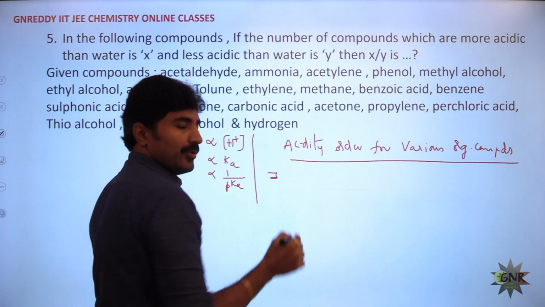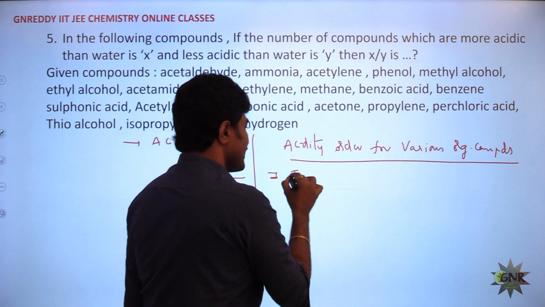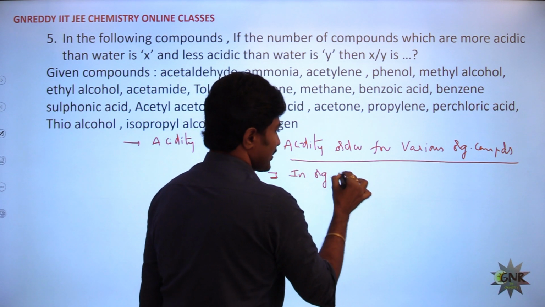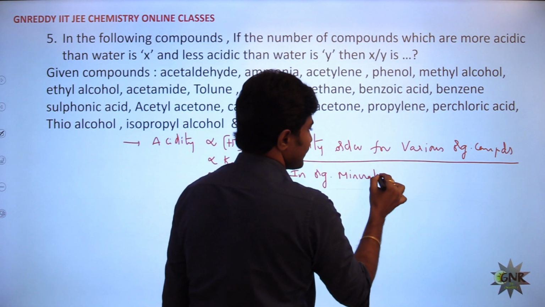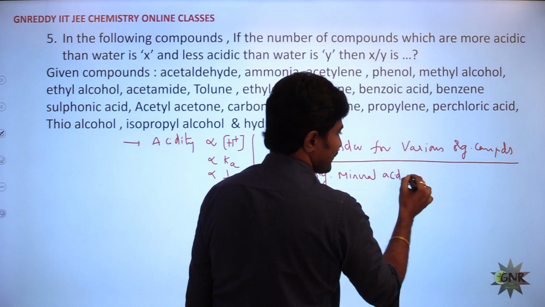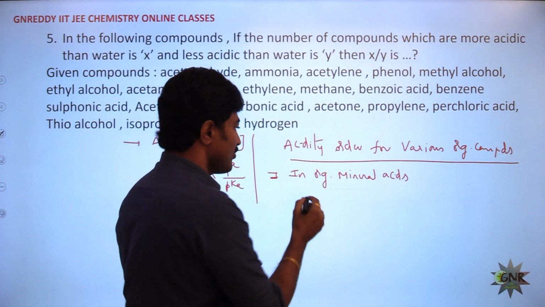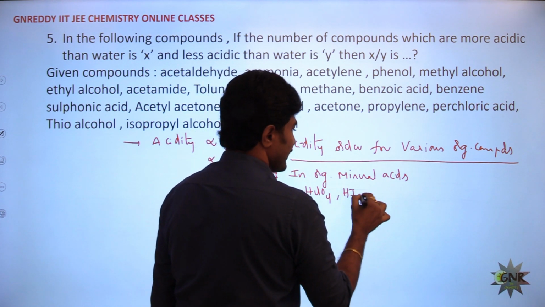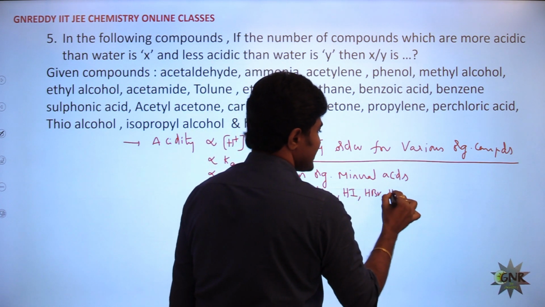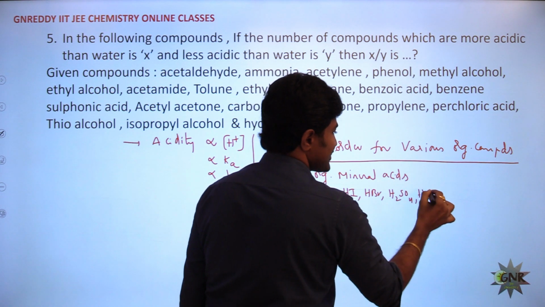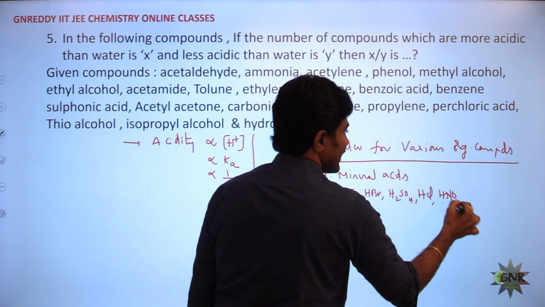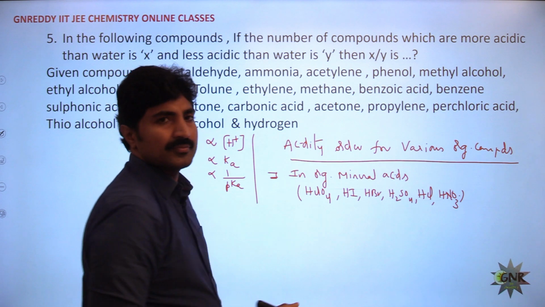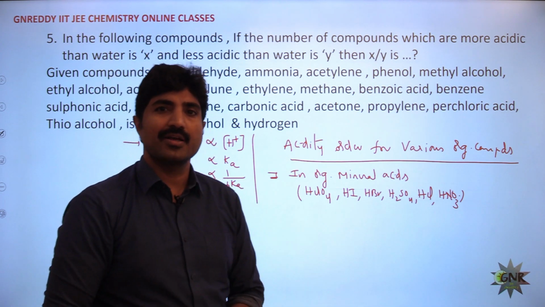First of all, inorganic mineral acids have more acidic nature, like HClO4, HI, HBr, sulfuric acid H2SO4, HCl, HNO3, and so on. Generally inorganic mineral acids are more acidic.